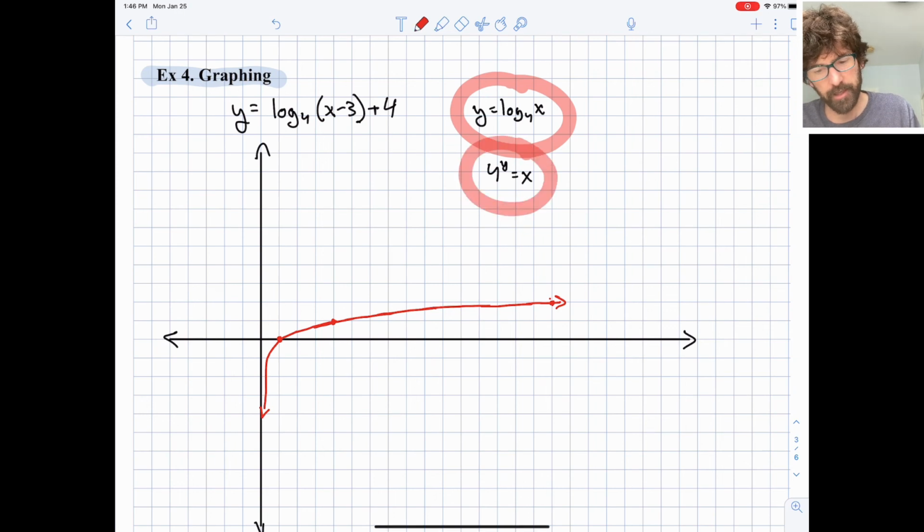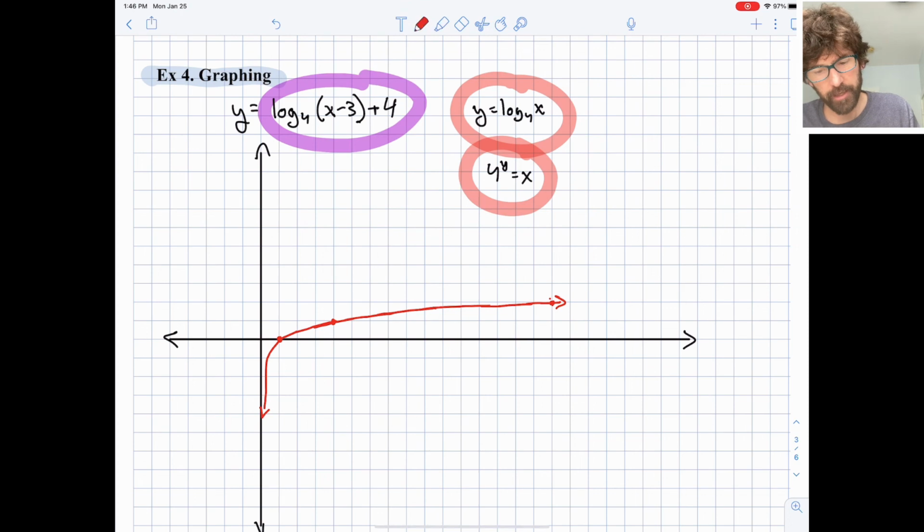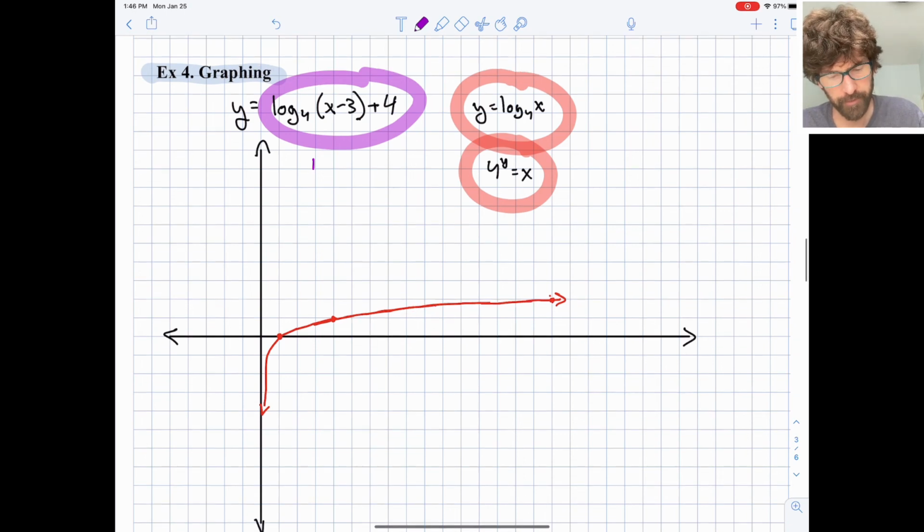So then what we can do is plot the transformed function. Let's plot this one in purple. And I hope you can see that each point on my parent function will be shifted right 3 and up 4. And we can just take each of the 3 points that we have and apply that transformation and sketch a new curve.